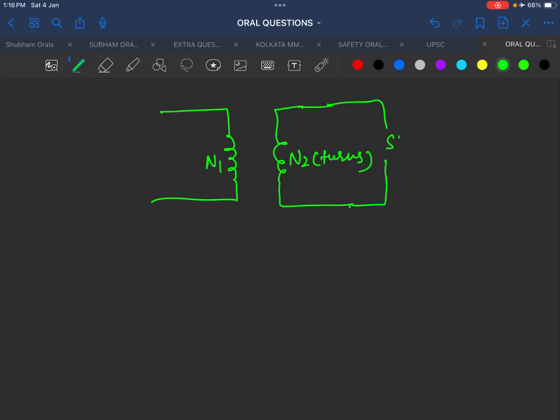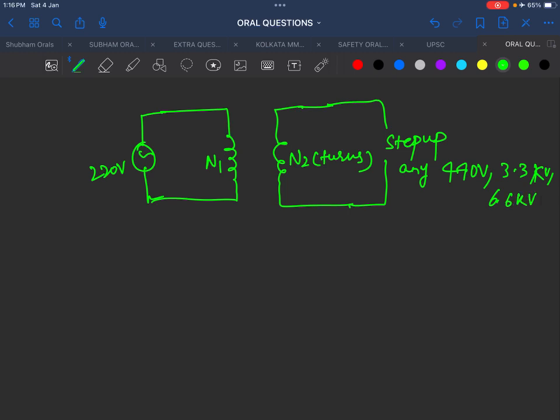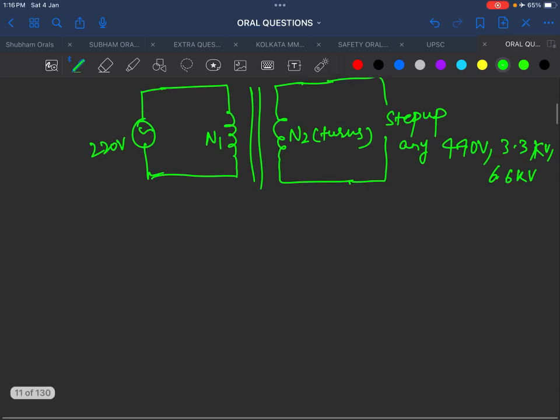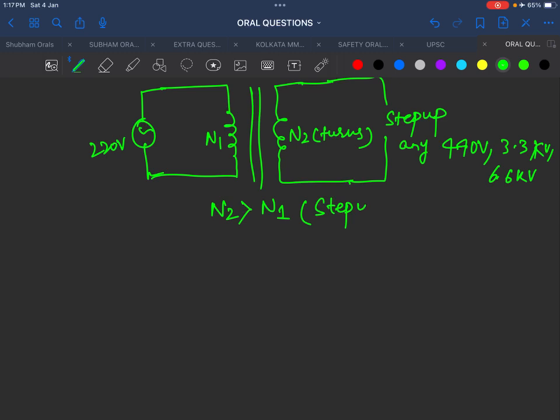Here let's suppose step up, 220 to 440, like 3.3 kV, 6.6 kV, anything you want, you can step up here. So what we have to do is increase the number of turns here. So N2 is greater than N1, then it is step up.